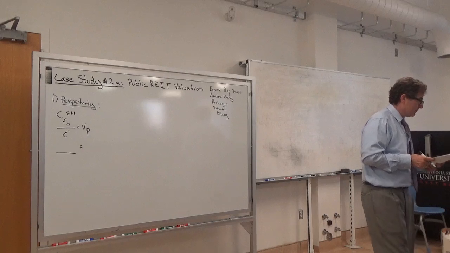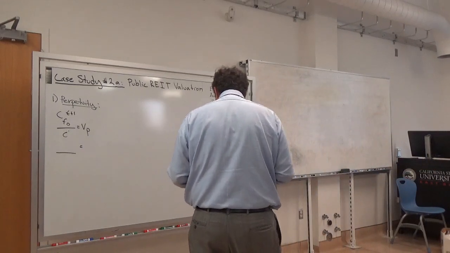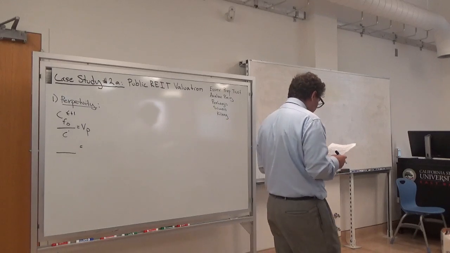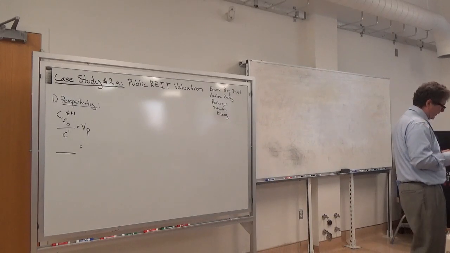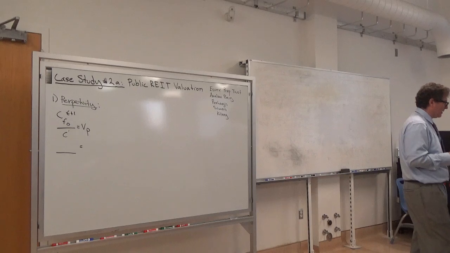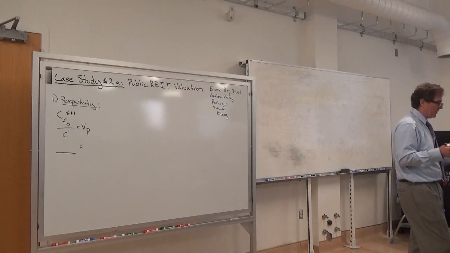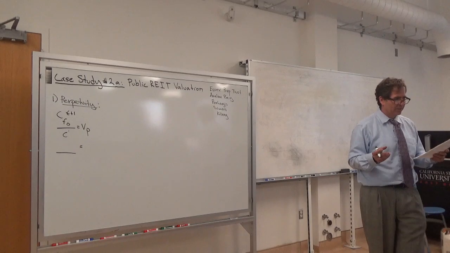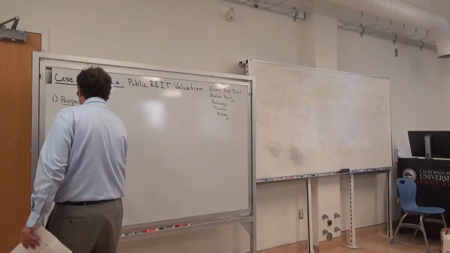Do we use the going in or the terminal growth rate, or do we use the pro forma growth rates? This year's cash flow? Yeah, what's this year's FFO per share? $15. So how do I get next year's? Multiply by 1.08. Got it.